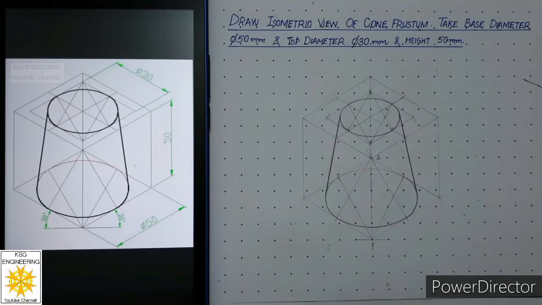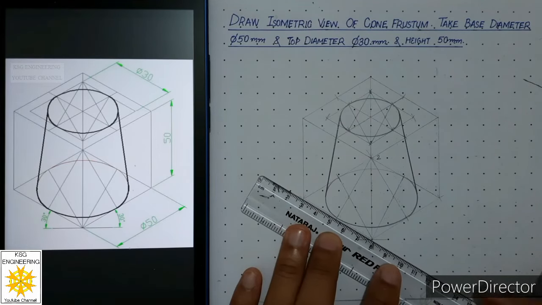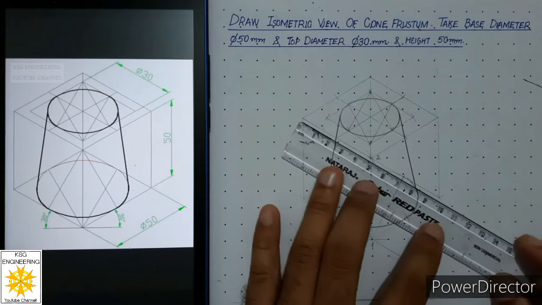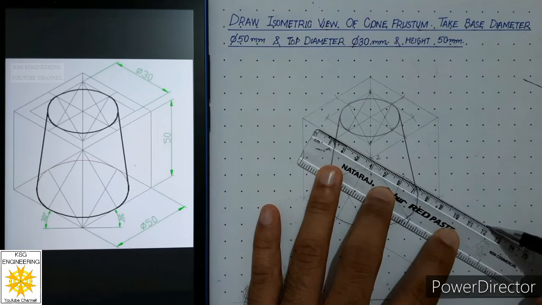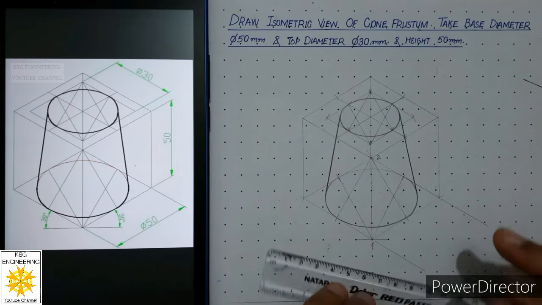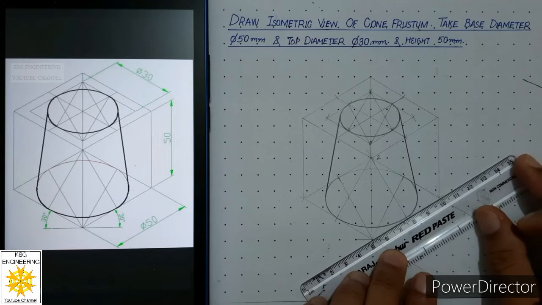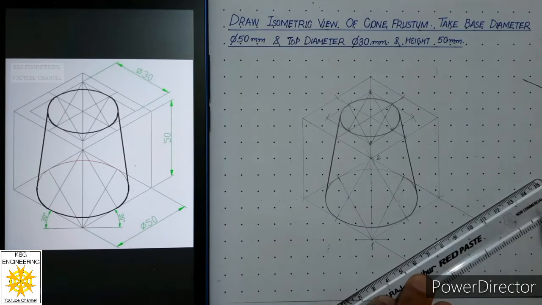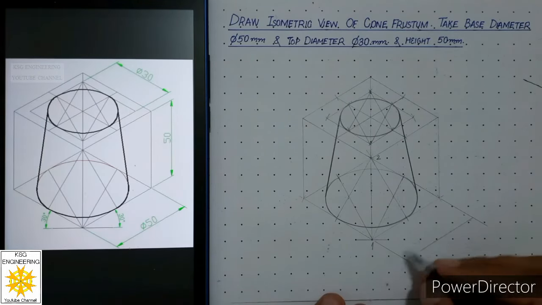Now we have to place the dimensions. Align your scale with this isometric axis, leave 1 millimeter gap, and draw a continuous thin line. Then align your scale with this isometric axis again, leave 1 millimeter gap and draw a continuous thin line. So these two are isometric extension lines. Then use your roller scale, align it with this edge, that is the isometric axis, roll back by around 15 millimeters and draw a dimension line parallel to this isometric axis.